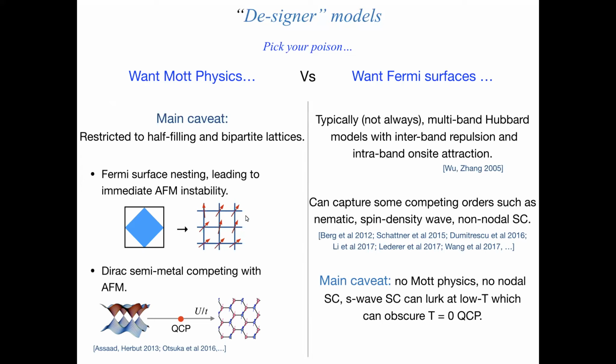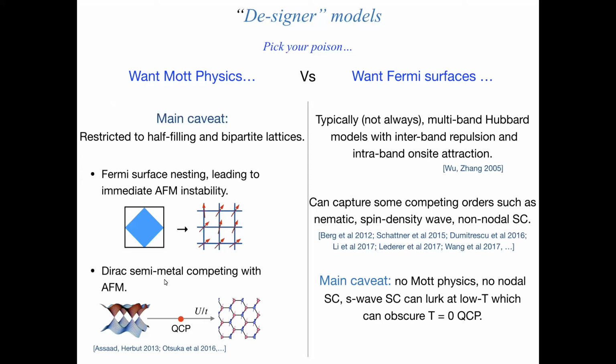The simplest thing you can do is, for example, a square lattice. Then you will have some nesting, if you don't put any pi flux, and immediately this will become unstable to any repulsive Hubbard interaction. So you will get an antiferromagnetic insulator which has Mott physics, but you don't get a Fermi surface then. So you have to give up on that.